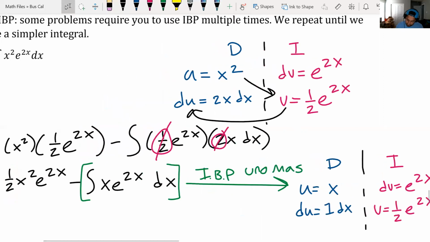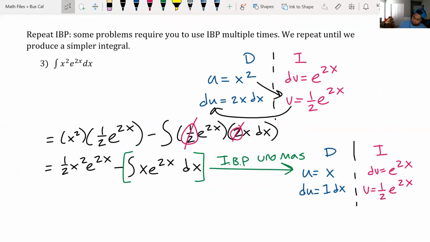And let's set this up again. All right. So we get 1/2 x squared e to the 2x minus, I'll put a big bracket here for neatness. And here's where we do integration by parts. Again, we do u times v.